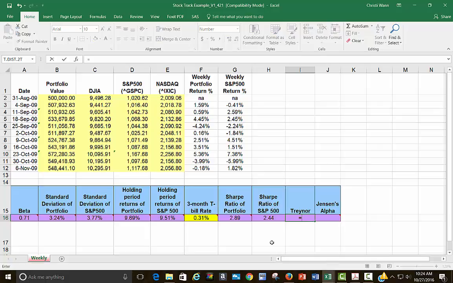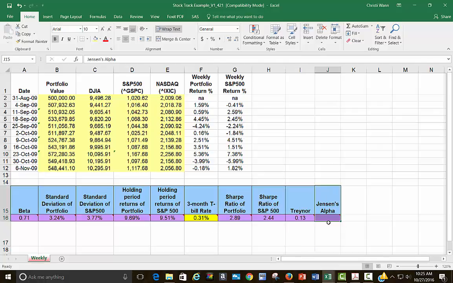We do the same thing in the numerator. So this one is going to equal the holding period return of the portfolio minus the risk-free rate and divided by the beta that we calculated before.